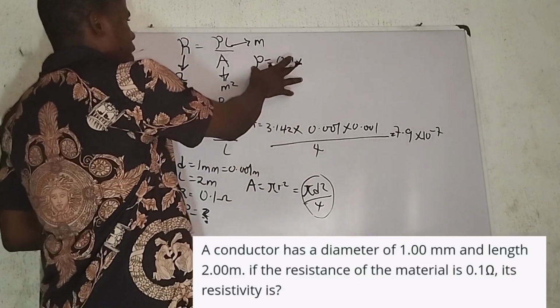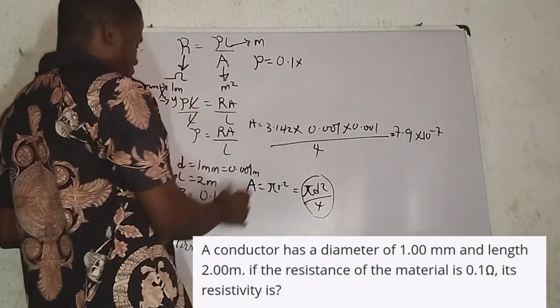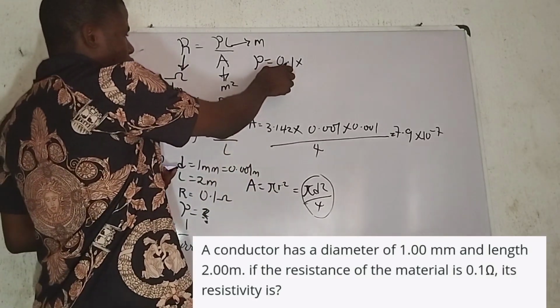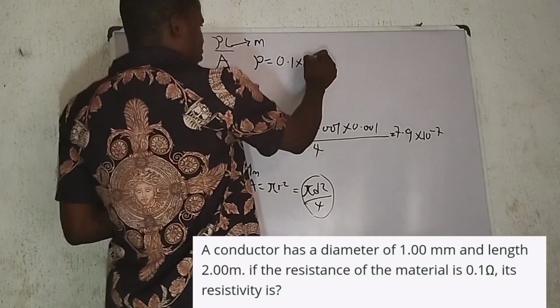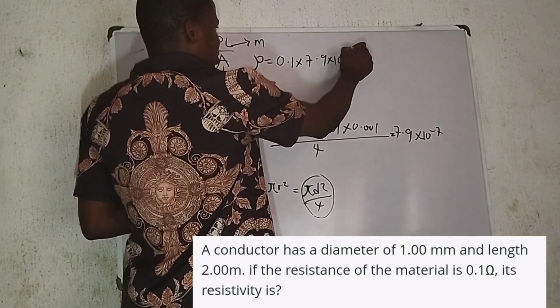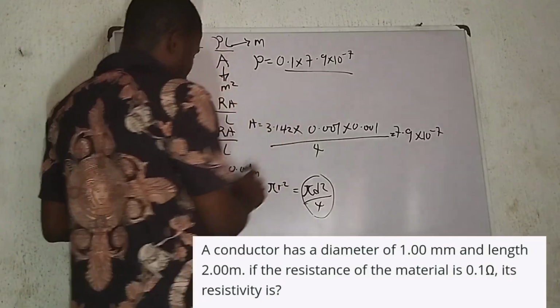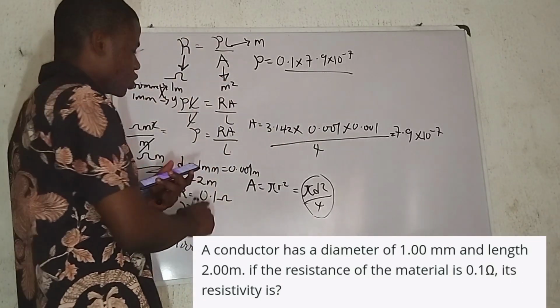Now let's go back to what we are doing. Resistivity is equal to RA over L. Now R is 0.1, A is 7.9 times 10 raised to the power minus 7, all over the length. The length is 2, right? This 2 is in meters, so we are going to solve with the 2.